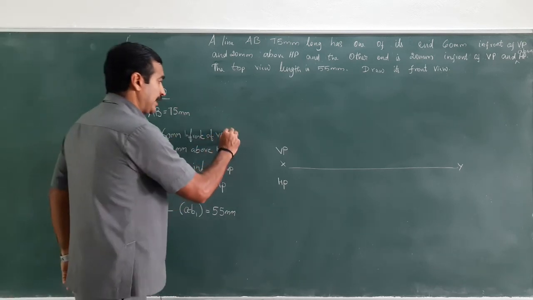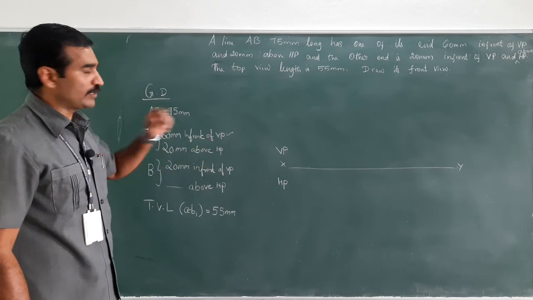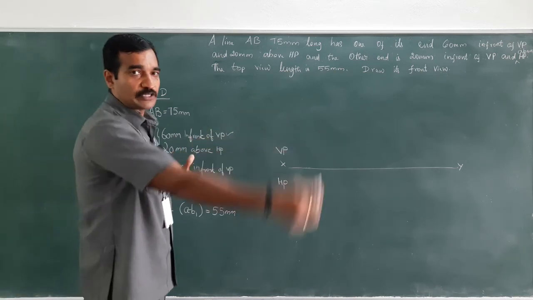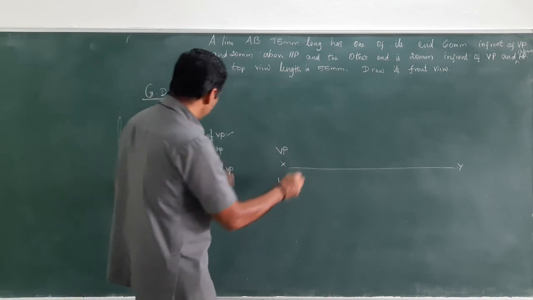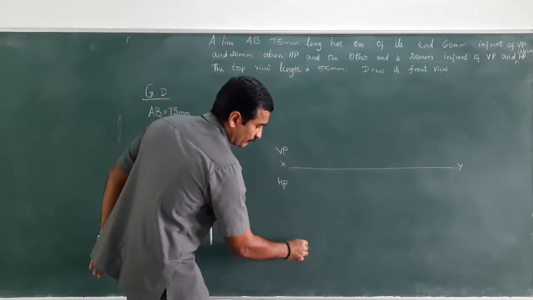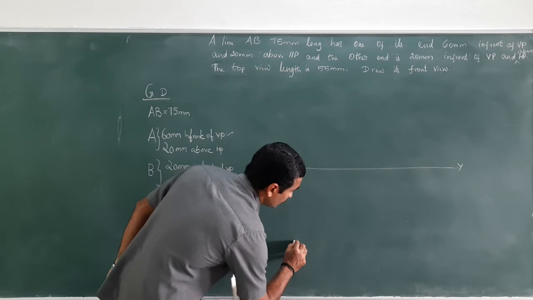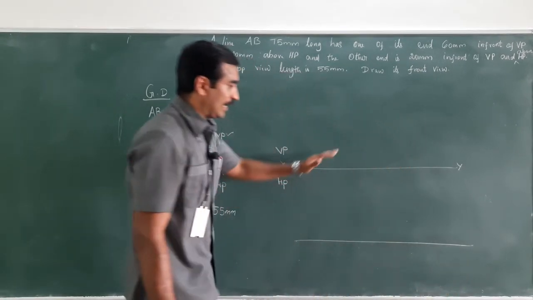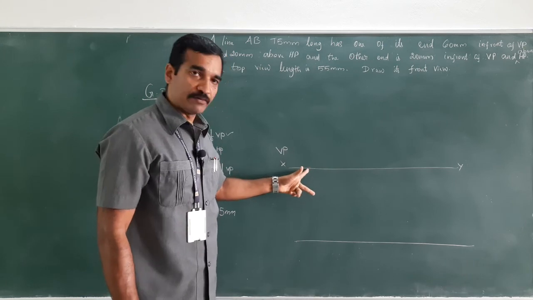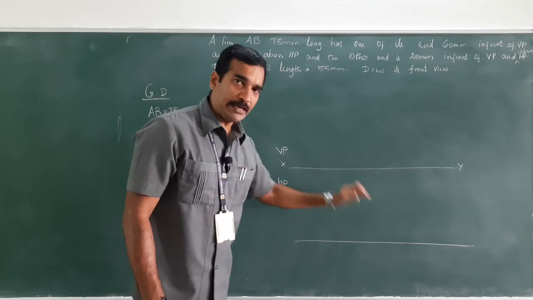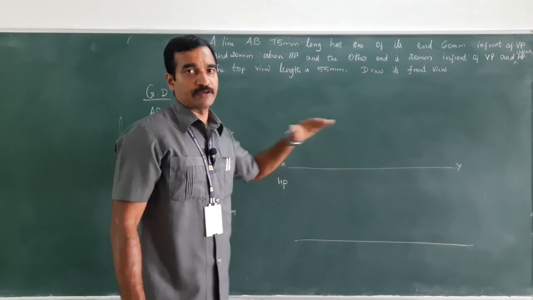Let me choose A, that is 60 mm in front of VP. In front means it will be captured in the HP. So, take 60 mm from the reference line and draw a line parallel to XY, the reference line.